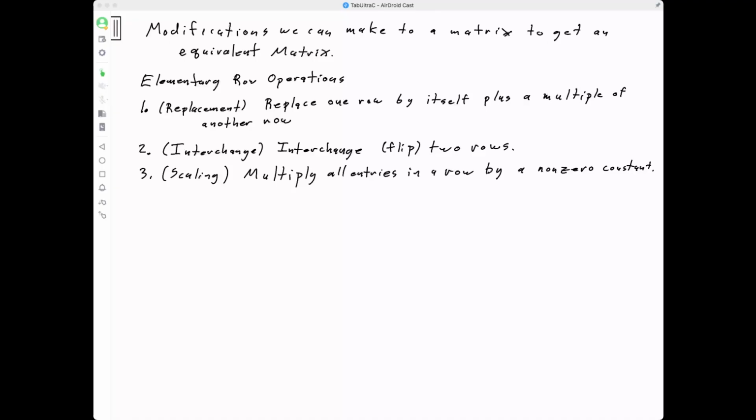It's just a number. And so if you take an augmented matrix and you do these row operations, any of them that you want to do, you will get an equivalent matrix, and if you converted it back to a system of equations, it would have the same set of answers. So you can do these as many times as you want in any way that you want, as long as you don't make any mistakes in your calculations. You won't be changing your answers. You'll get the same answers out.